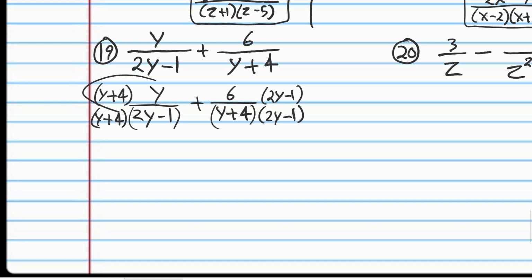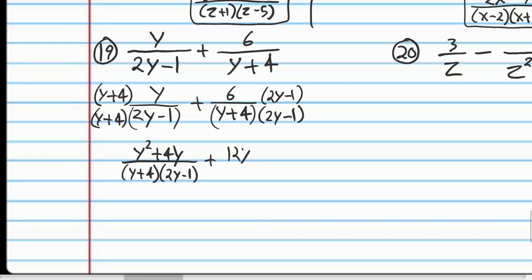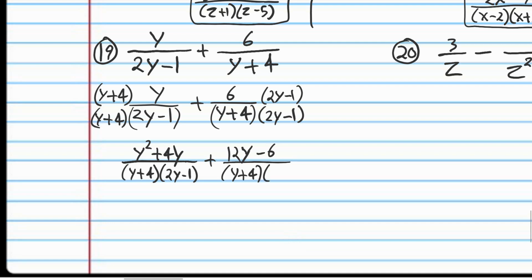All right, now we distribute y plus 4 times y is y squared plus 4y. And 6 times 2y minus 1 is 12y minus 6. Again, just using the distributive rule.